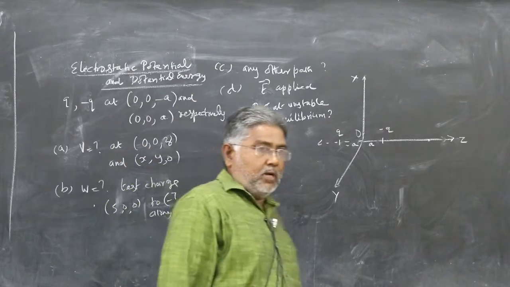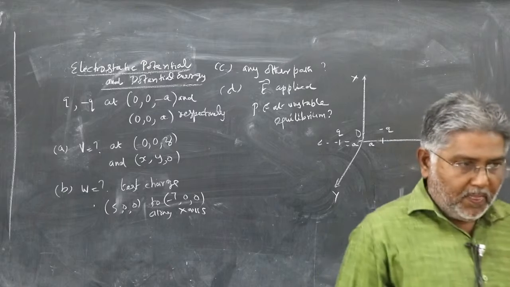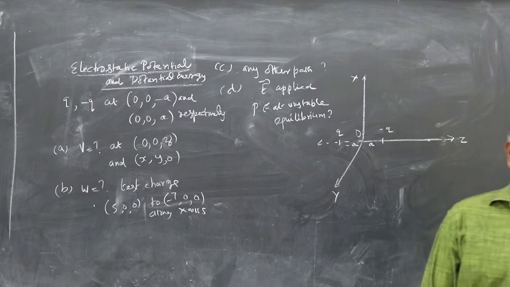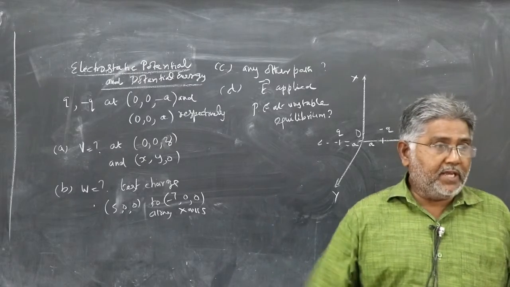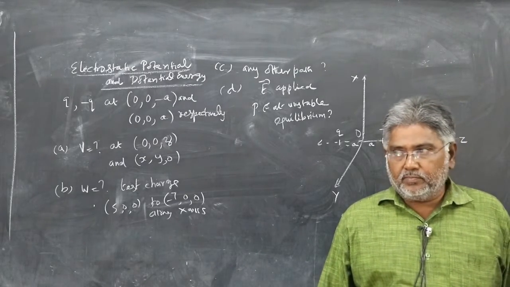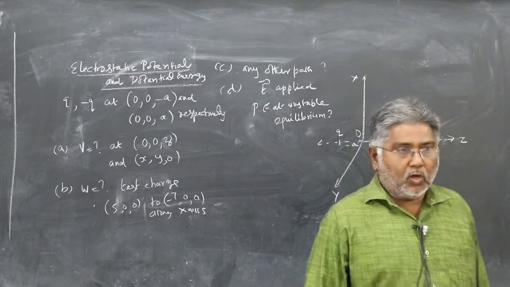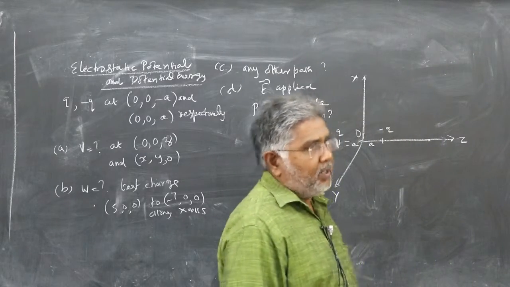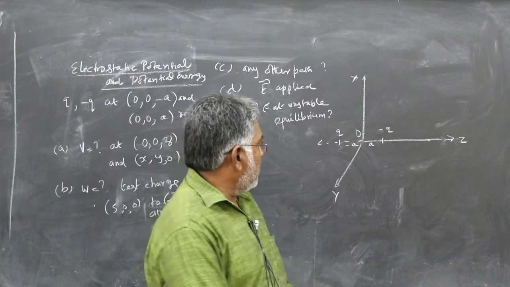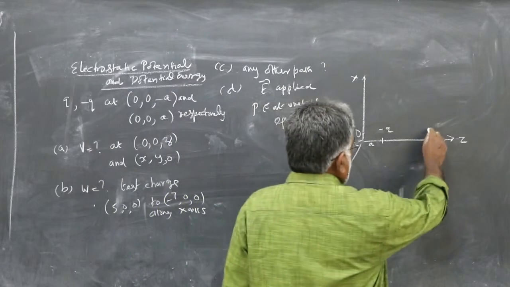So use the formula for potential due to a dipole on the axial line, not the far off point case, but general, applicable to any point. So the point P may be shown here.